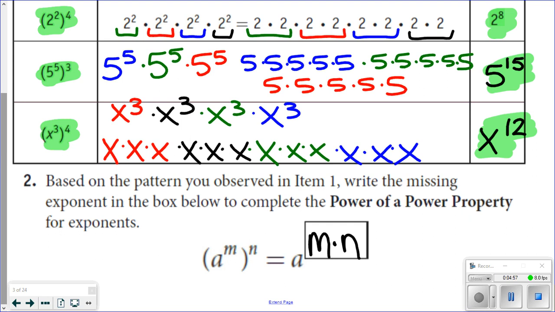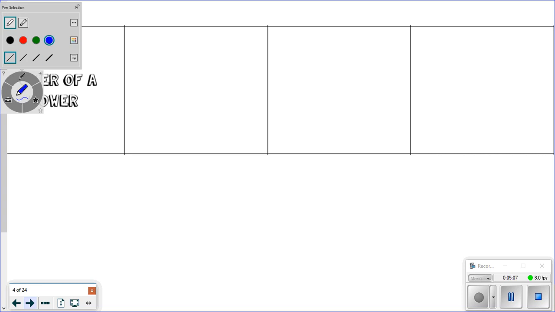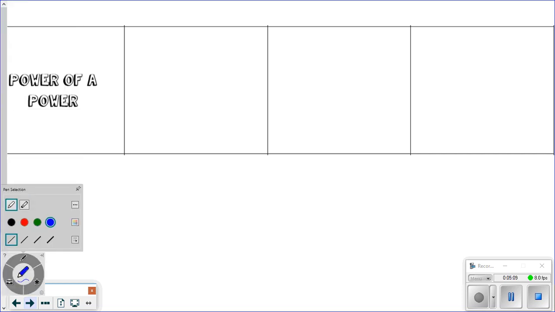So on the back of our organizer, we're going to write this in. And you should have more room than I do.